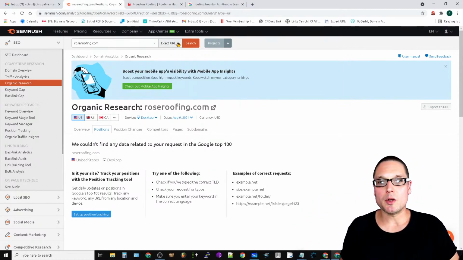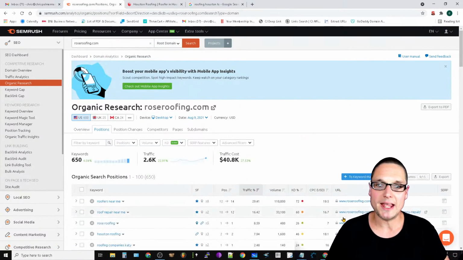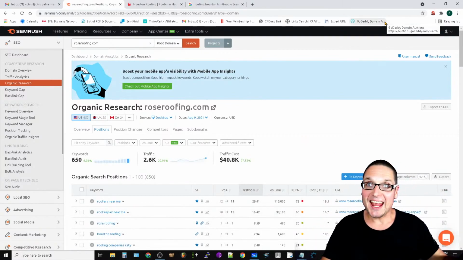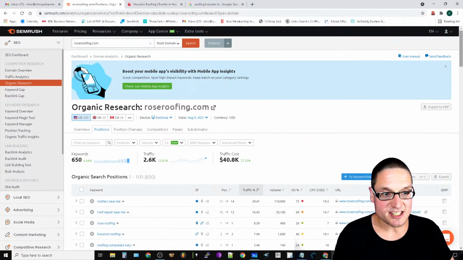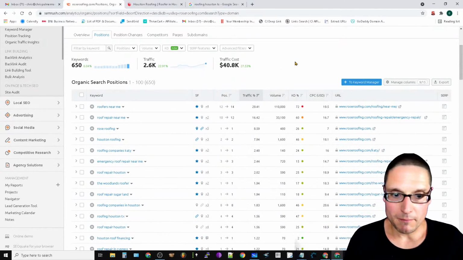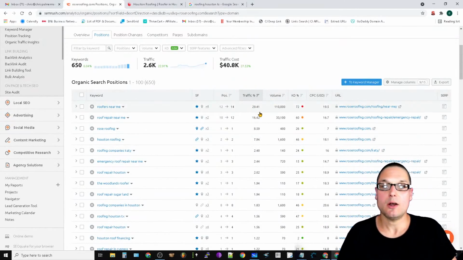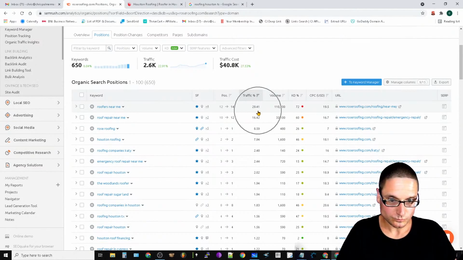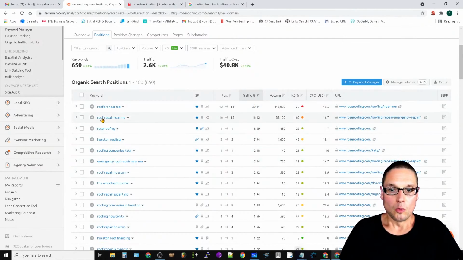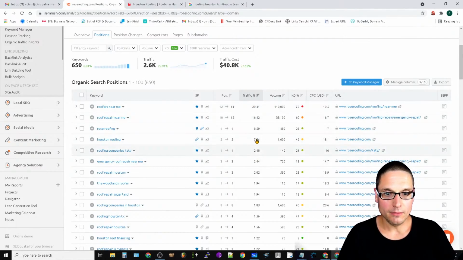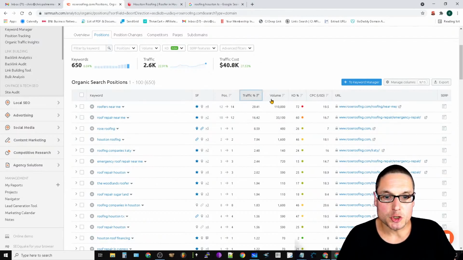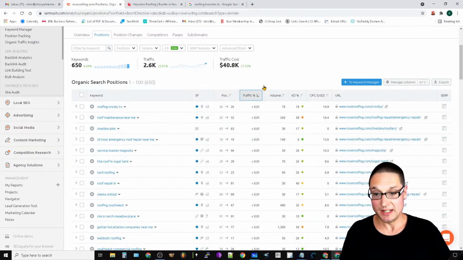So the workaround is I put in the root domain, and then whatever page is ranking, I look and I see. This is how I start developing my list. I could see that 29% is roofers near me, roof repair near me. This is where I'm going to determine what traffic I need to start sending clicks in for.